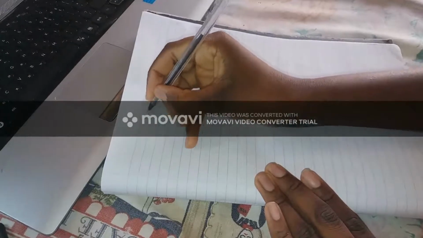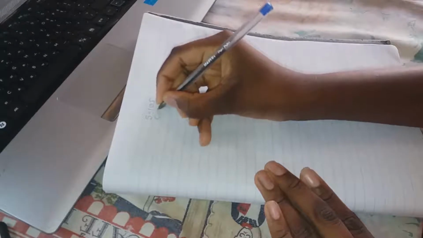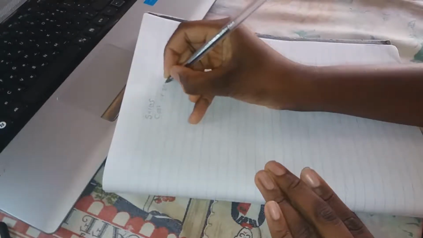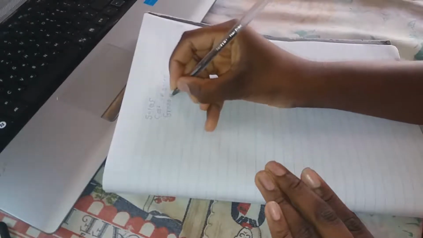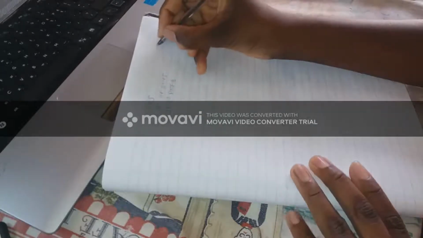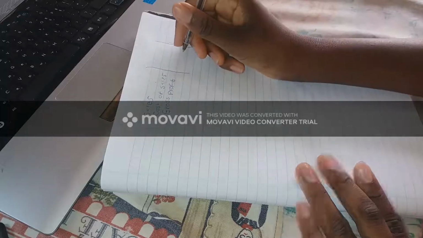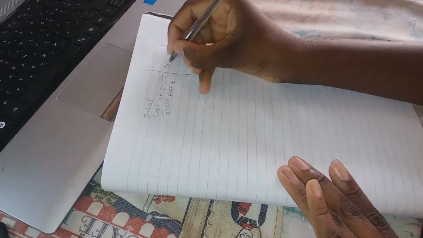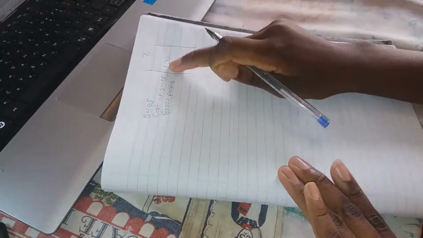I know that I have sales, and then there's cost of sales, and there's also gross profit. This is like the first three lines of our income statement. So the question now is, do I have cost of sales? Yes, I do. Cost of sales will always equal 100%, so I'll just write 100% next to cost of sales.